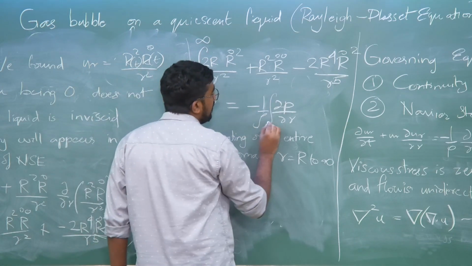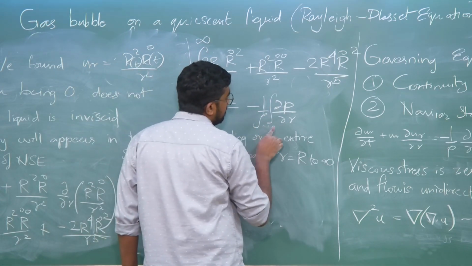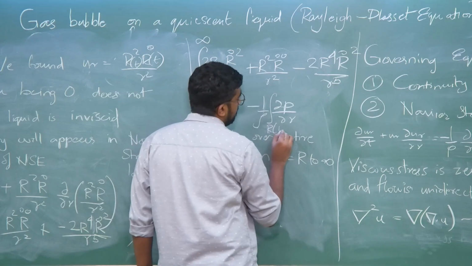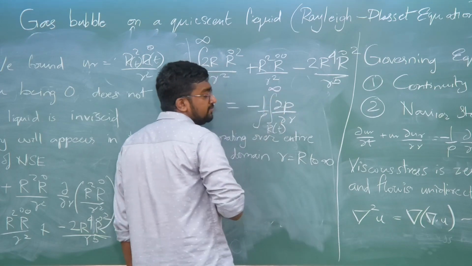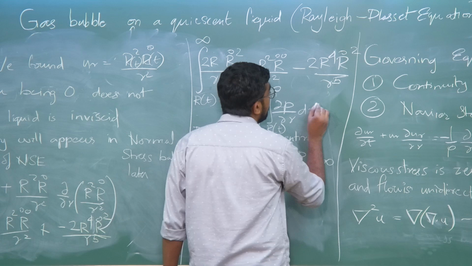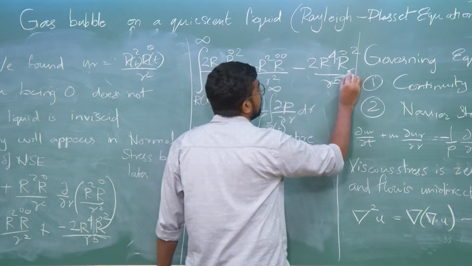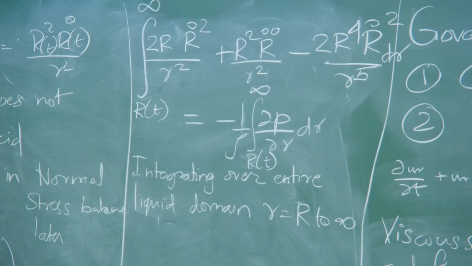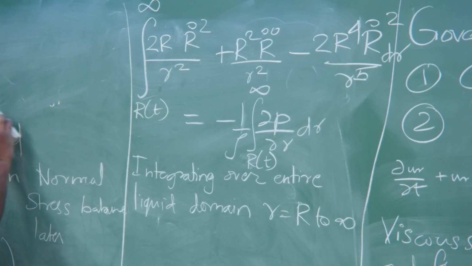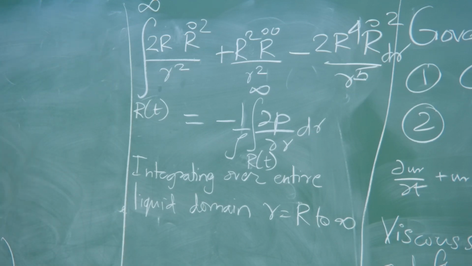Here also from R of t to infinity, dr and dr. Please do this fast and then we will conclude the class with what we get.